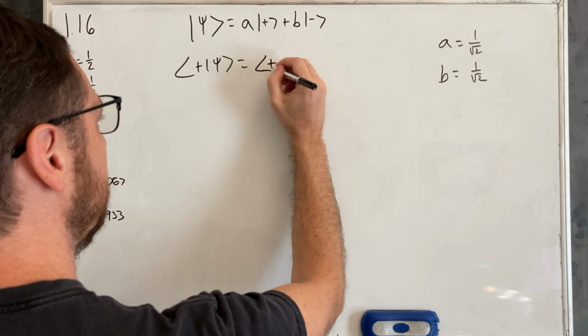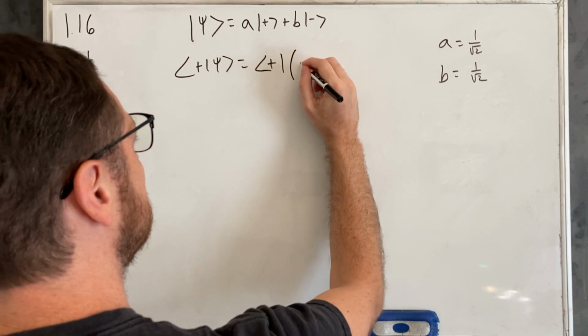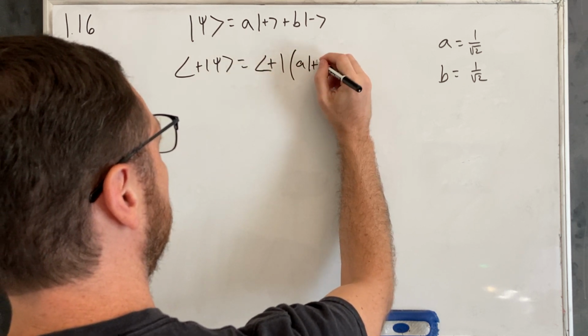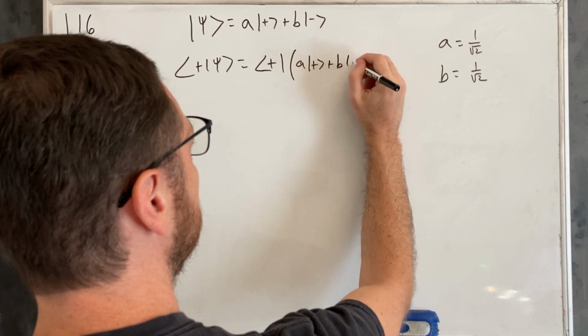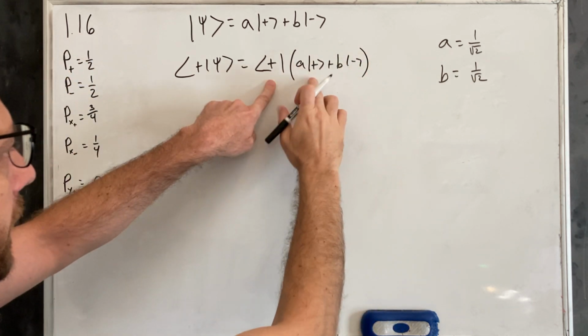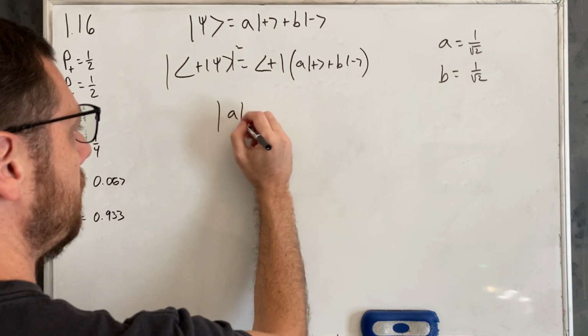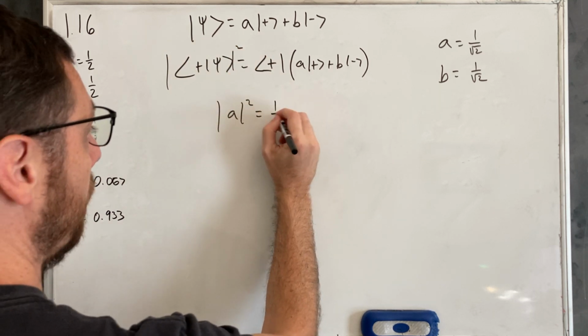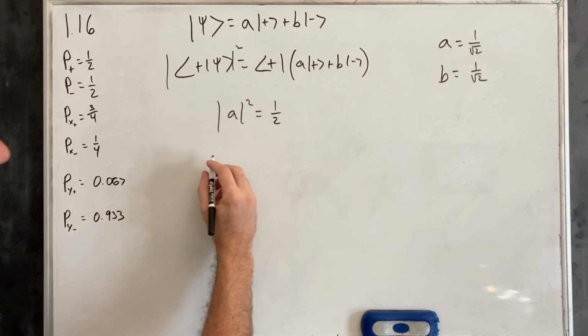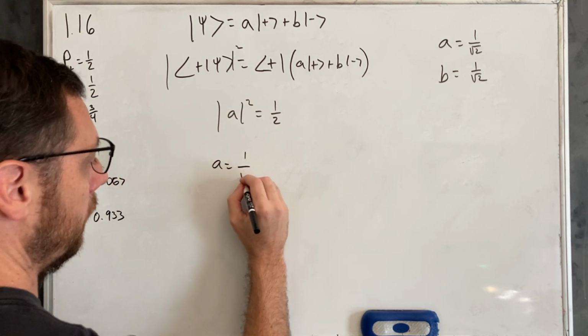We did everything right up to this point. A up plus B down. And then we took our up and our up, and we squared that. We knew that that had to equal 1/2. And then we said that A is going to equal 1/√2.